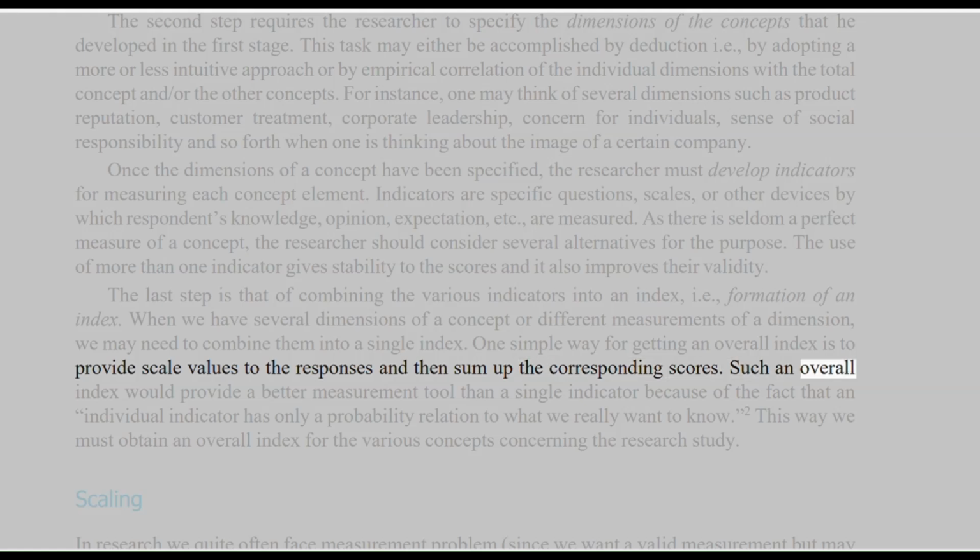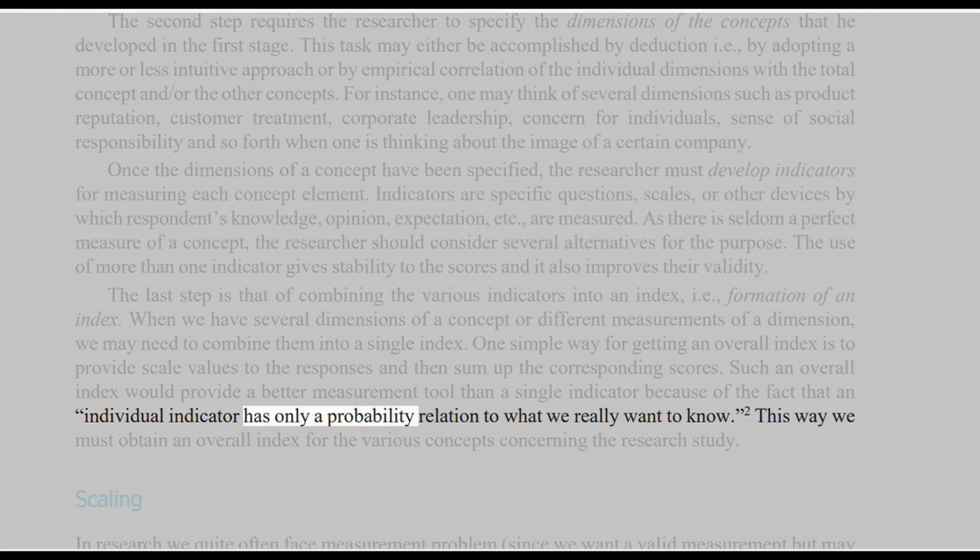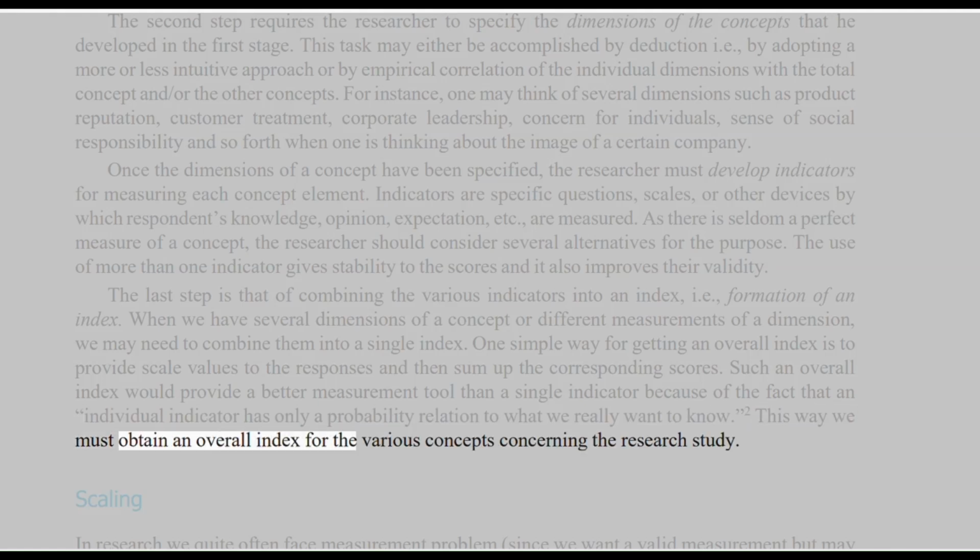Such an overall index would provide a better measurement tool than a single indicator because an individual indicator has only a probability relation to what we really want to know. In this way, we must obtain an overall index for the various concepts concerning the research study.